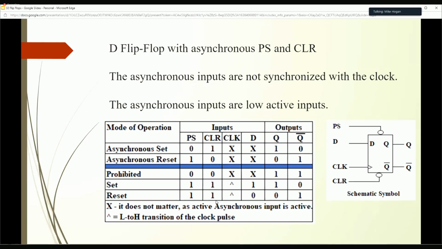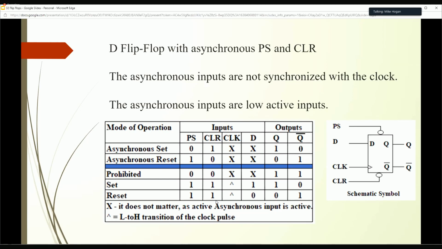We also have what we call a D latch. And so this is a D flip-flop. We've got our inputs a little bit different, but they really act the same way. PS is going to be a preset.